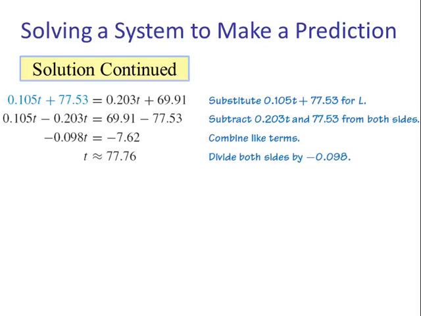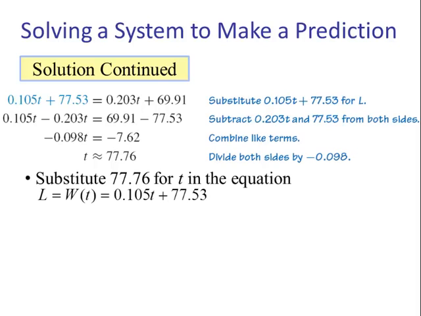Now we divide, and we see t is approximately equal to 77.76. We substitute this value in for t in the equation W of t equals 0.105 t plus 77.53, and we get a value of 85.69, rounded off.